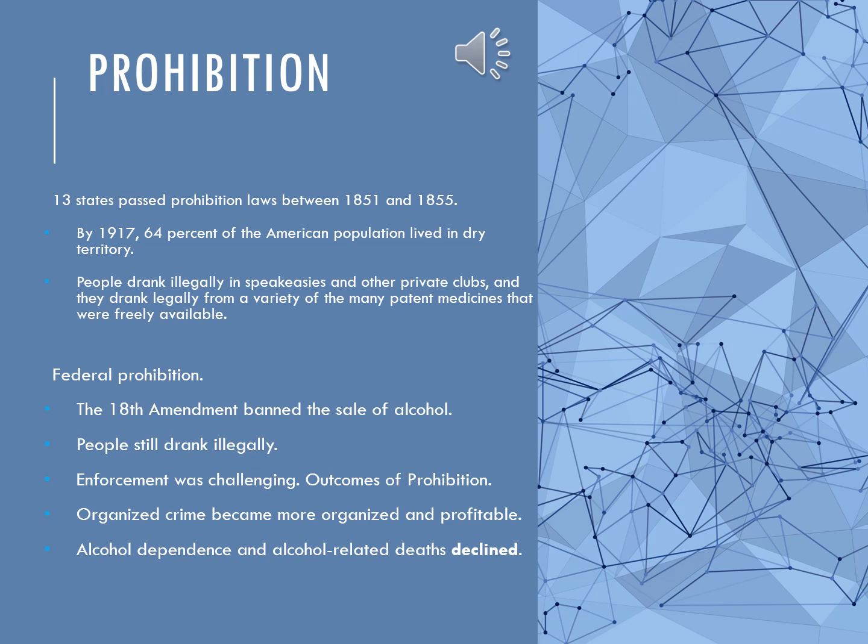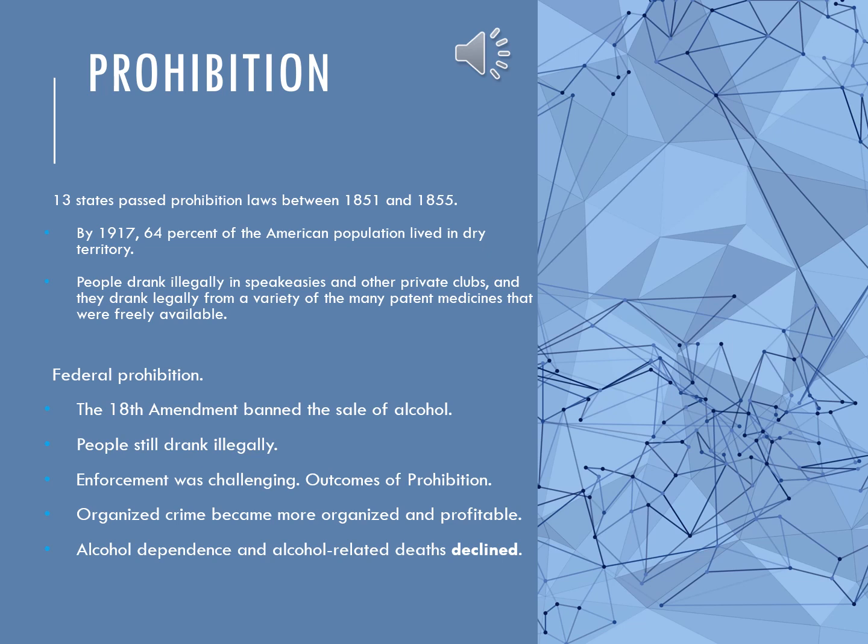Between 1907 and 1919, 34 states enacted legislation enforcing statewide prohibition, whereas only 2 states repealed their prohibition laws. By 1917, 64% of the population lived in dry territory, and between 1908 and 1917, over 100,000 licensed bars were closed.